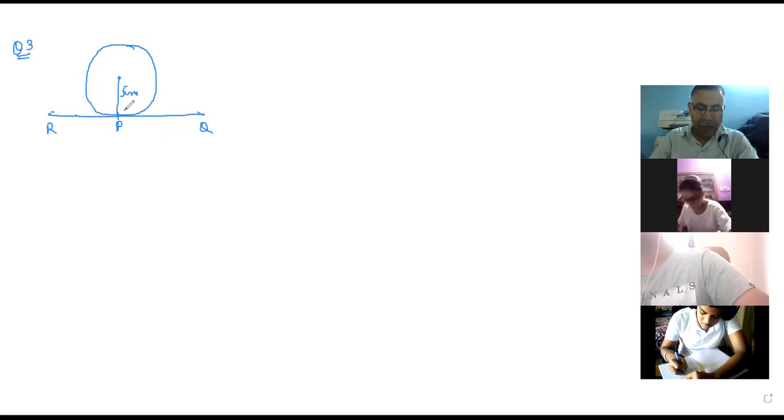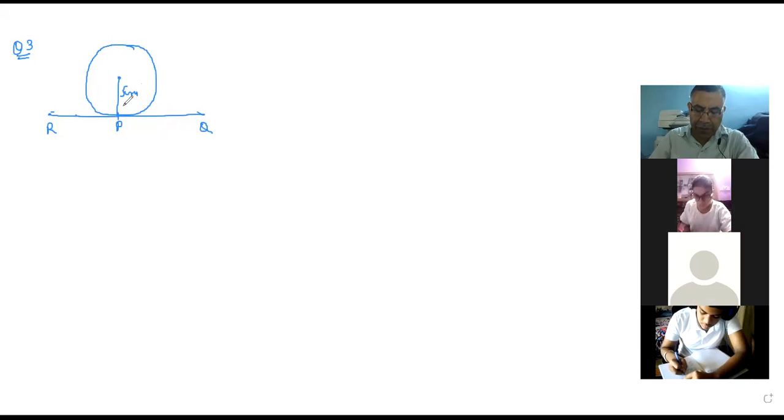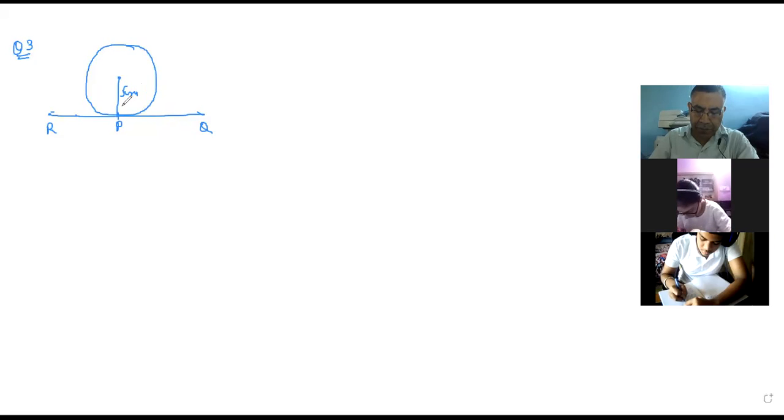Let this point be P. Let it be R. So the radius is given. This is the point O. Meets a line through the center O at the point Q.